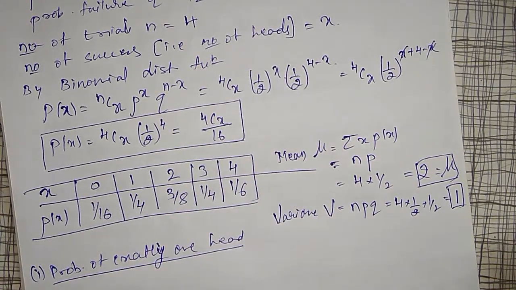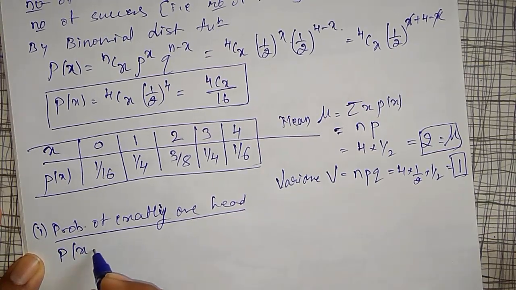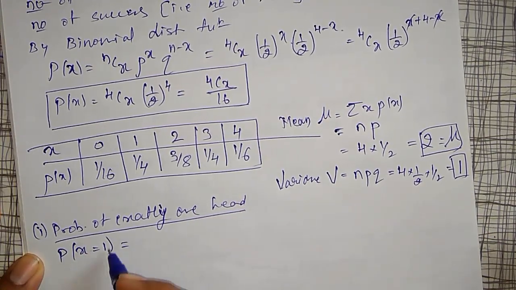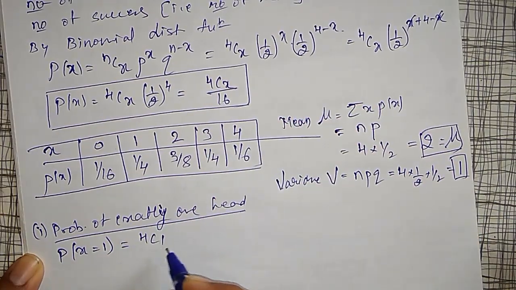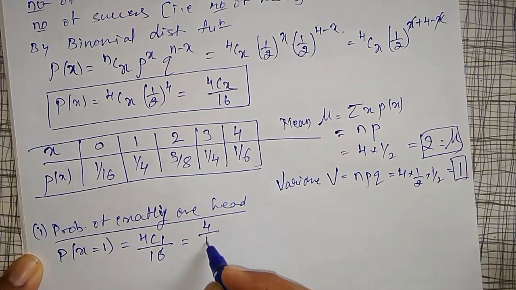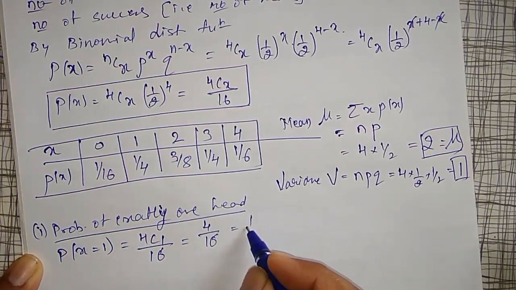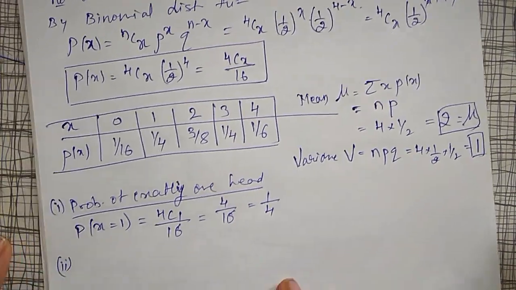Let me prove that. The notation is probability of x is equal to 1. Substitute in this: 4c1 divided by 16. 4c1 is 4, divided by 16, that is 1 by 4.